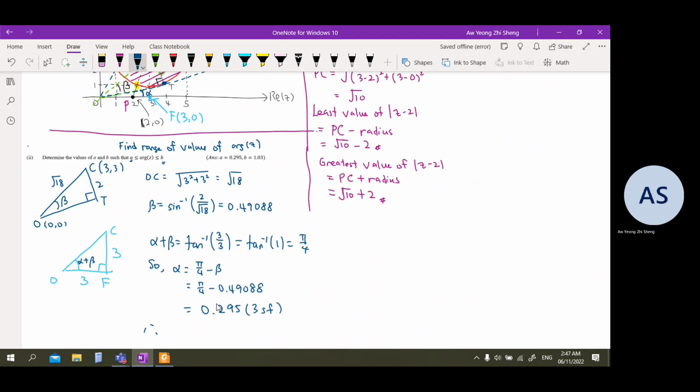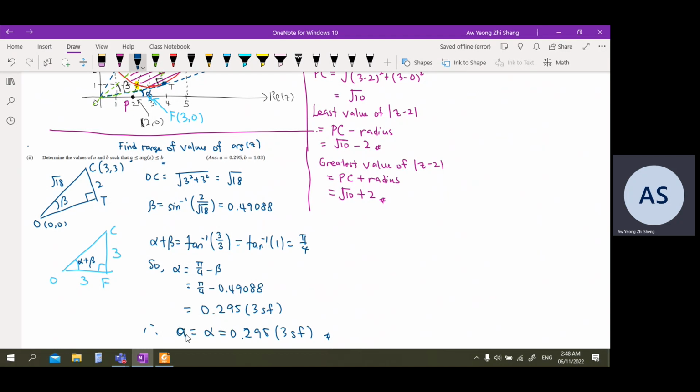And therefore, the question asks for A and B. Since this will be the lower bound of the argument Z, it's a lower bound of the value that argument Z can take. So A is the same as alpha, which is 0.295 to 3SF.